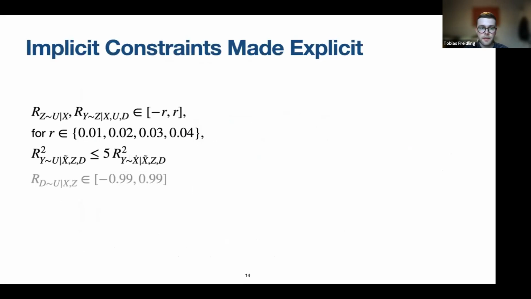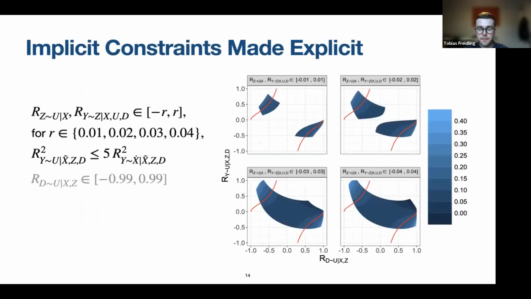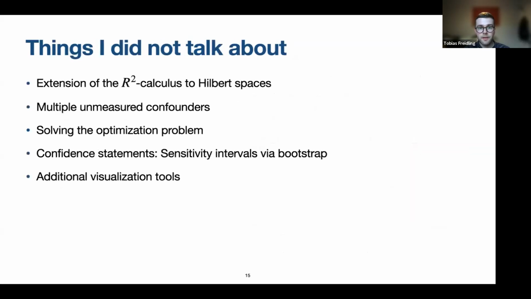Now for the sake of time, I think I might skip this plot here and tell you some more about other things that I didn't talk about, but which are covered in the paper. So first of all, the R-square calculus can actually be extended to Hilbert spaces. In the paper, we also talk about what to do with multiple unmeasured confounders.